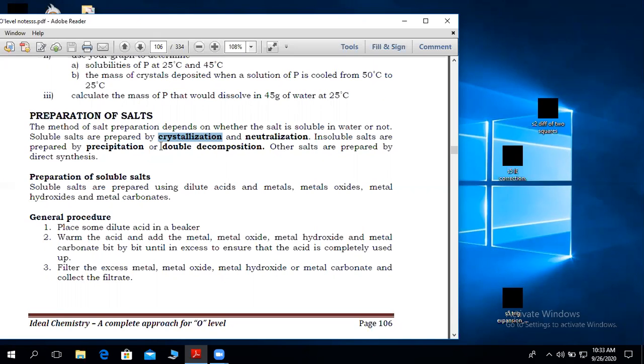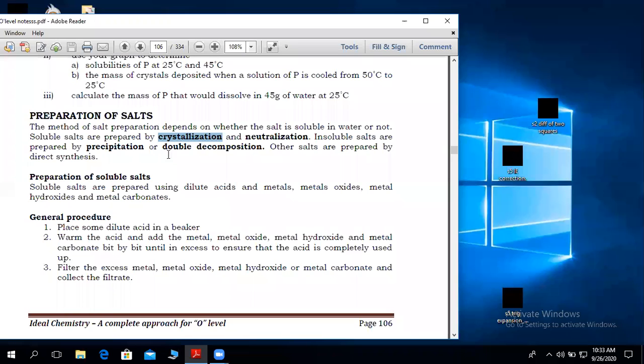Lead 2 carbonate, sorry. However, most of you were using carbonic acid, and I rejected that because carbonic acid is a weak acid. It may not give us enough carbonate ions. So I was advising you, remember, for double decomposition or precipitation, you react 2 salts together, but those 2 salts must be soluble in water.